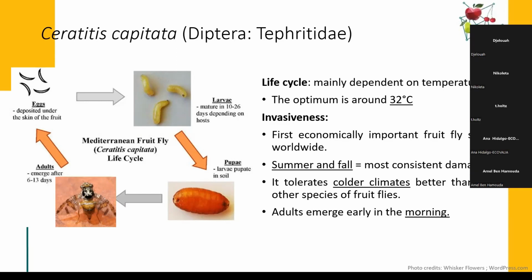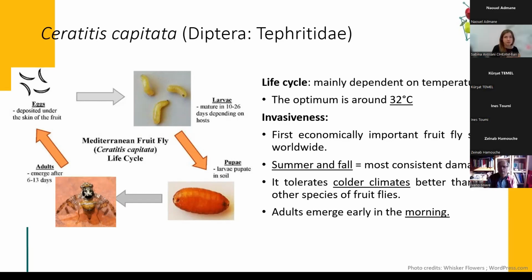In some of them, it was eradicated, but now it's a problem worldwide. If you want to spot the emerging adults, you should go in the orchard early in the morning and look close to the trees.